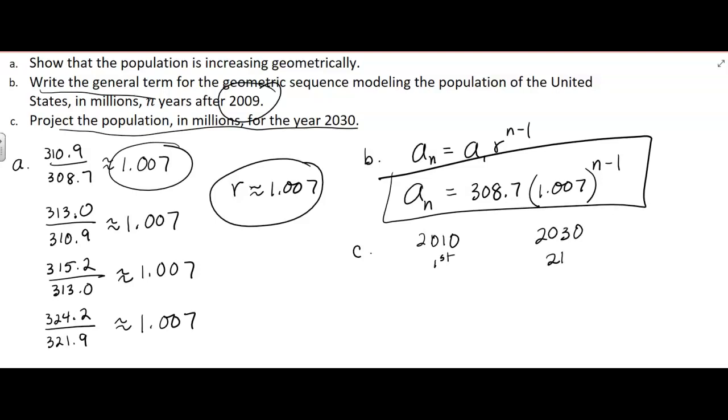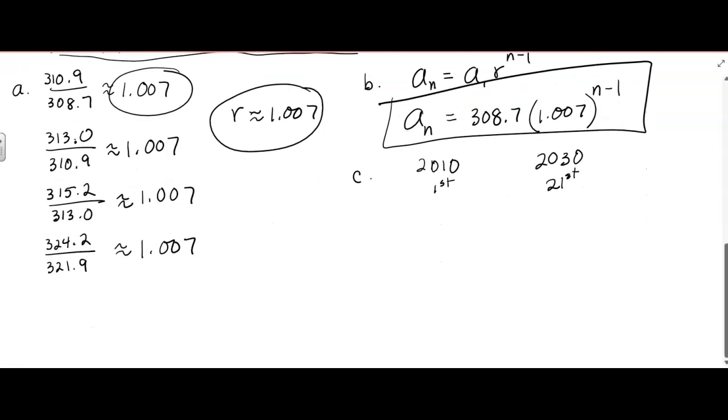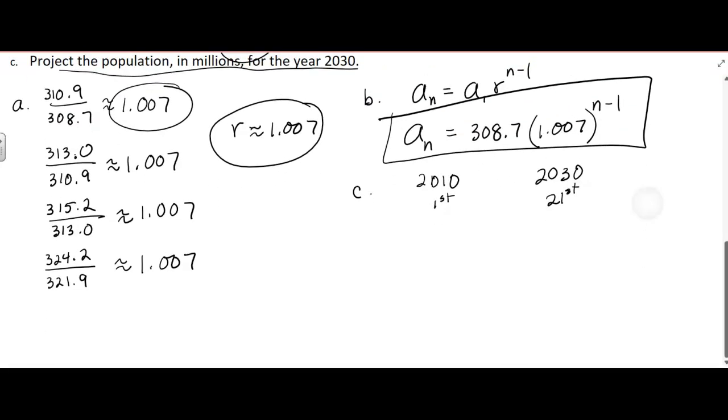Well, that's going to be the 21st term. So you've got to count the 10 and then you've got 11, 12, you can count them on your chart there. Okay, so that's going to be, well, up to 20, I guess, and then you'd need 10 more. All right, so the 21st term is going to be 2030. We have to know that because that's what n is. N is 21 then.